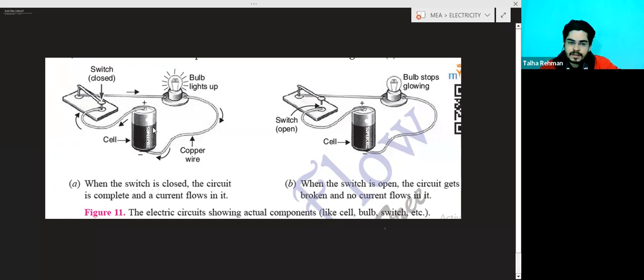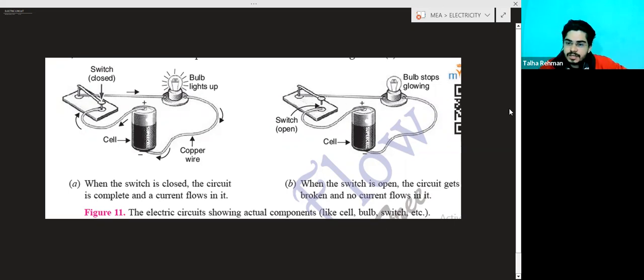At that time, you will not draw the cell exactly like this. You will not draw the switch like this. You will not draw the electric bulb or any other electrical appliances in your circuit diagram.